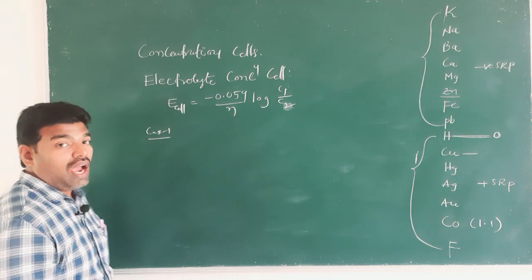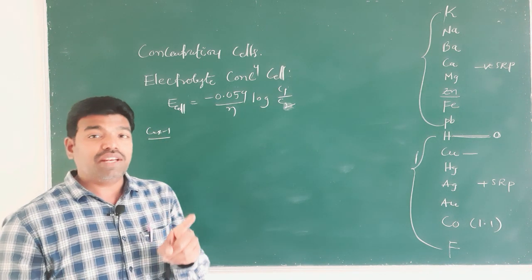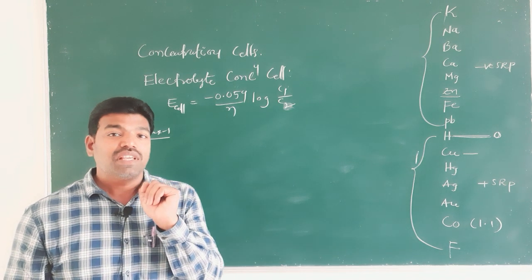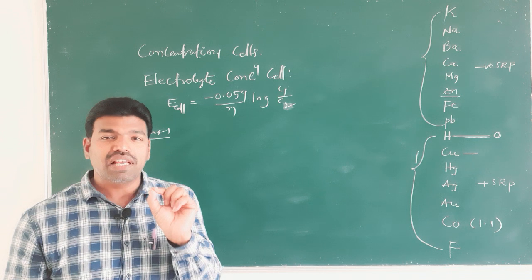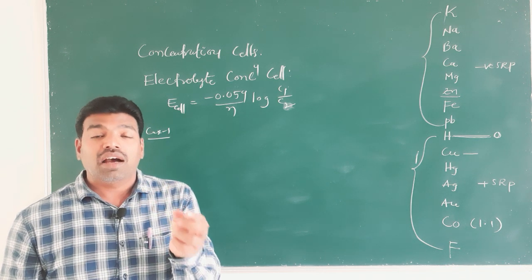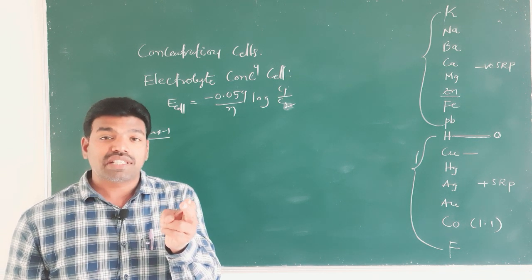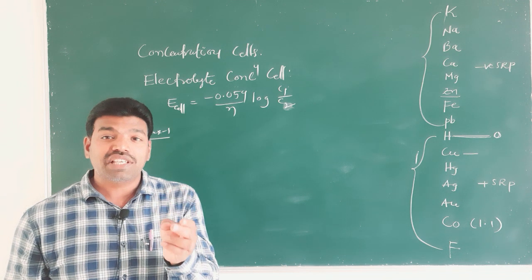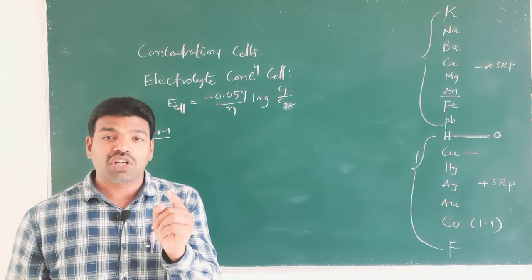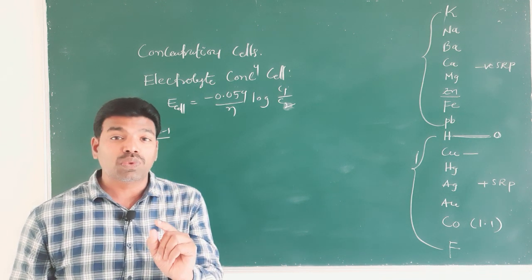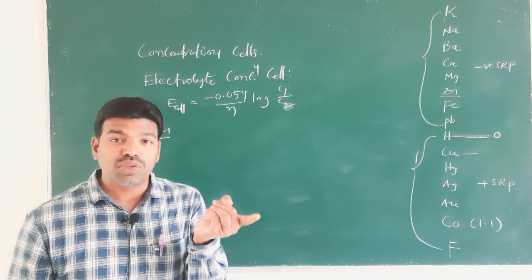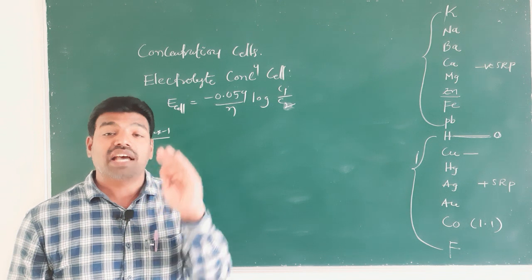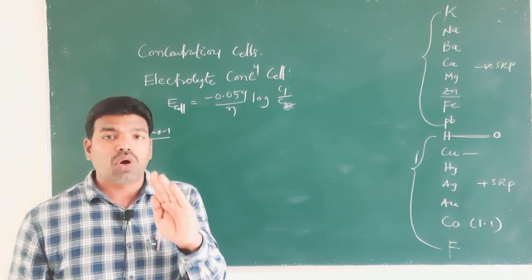Case 1. I already told you, in electrolyte concentration cells, electrical energy is produced due to diffusion of electrolyte from one concentration to another, that is, from high concentration to low concentration.